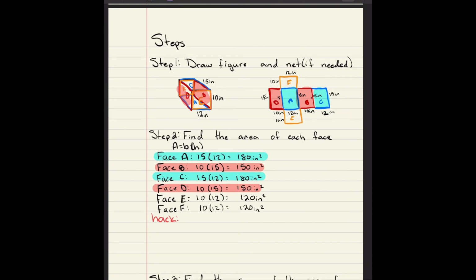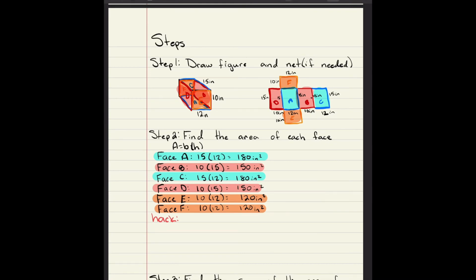So here's B and here's D. They're the sides, so they have the same area. And finally, face E and face F have the same area because they are, yet again, opposing faces. So if the faces are opposing each other, then they have the same area.